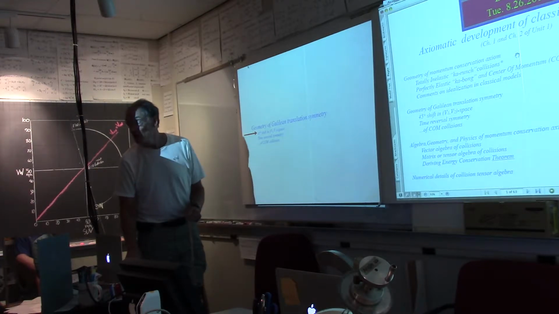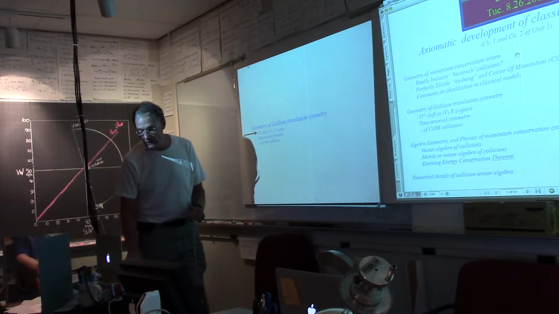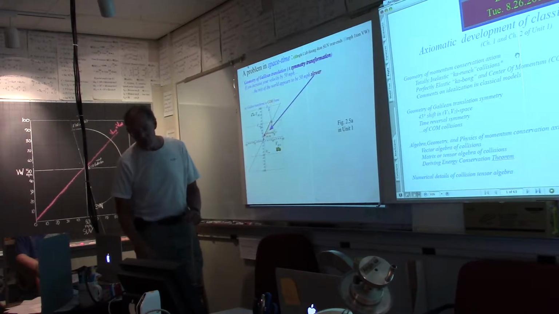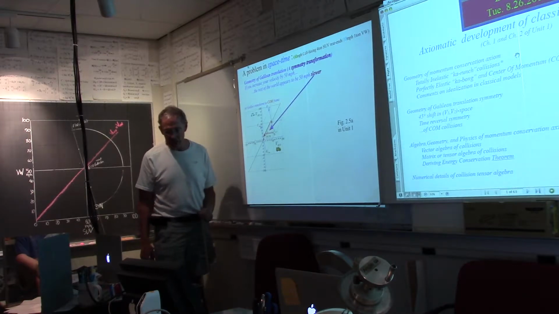Now, this 45-degree line that we're playing with here has a symmetry connotation, a very old one. The geometry of the Galilean translation is, I think, something you should pause and think about.